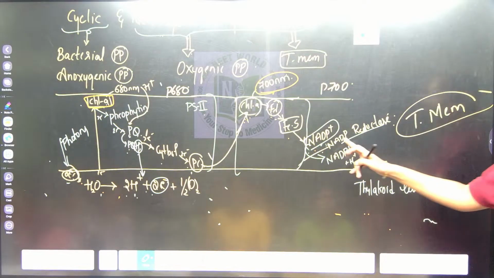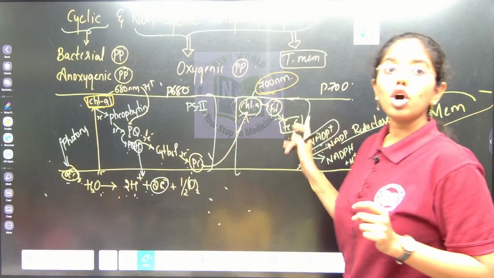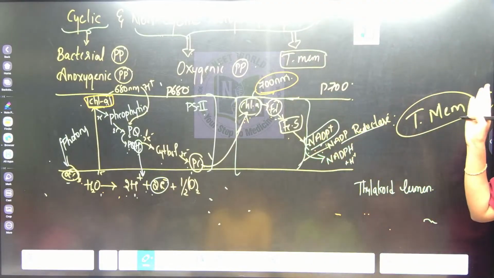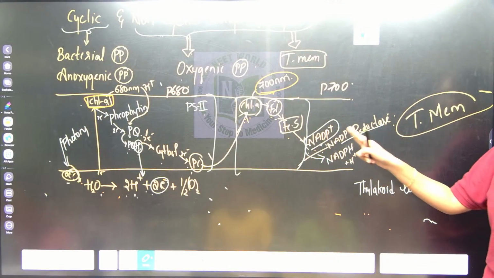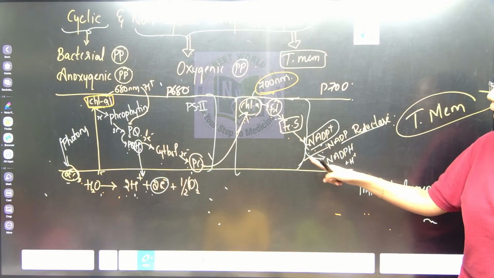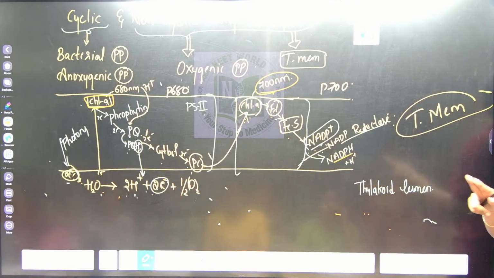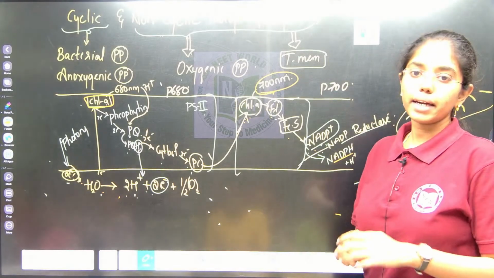NADP plus is present towards the stroma side of the thylakoid membrane, where NADP plus is reduced to NADPH plus H plus. By what enzyme? NADP reductase.